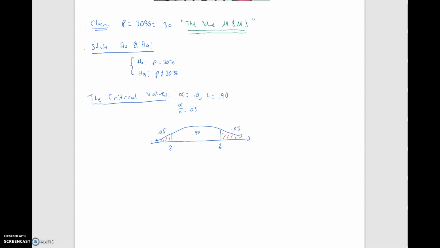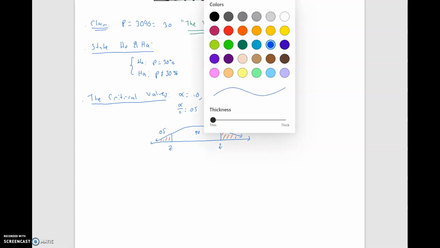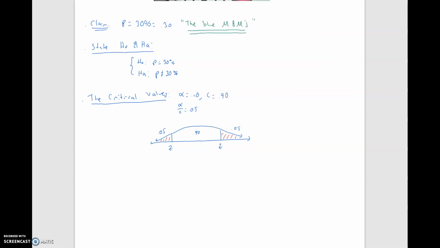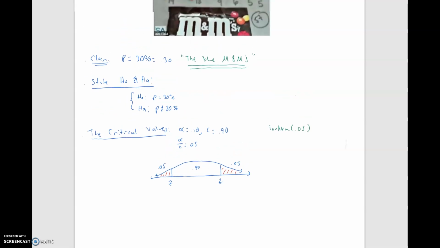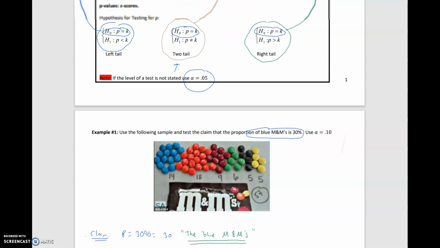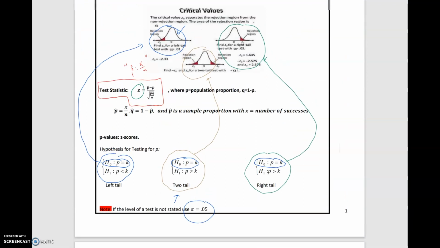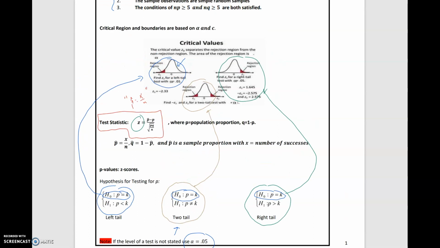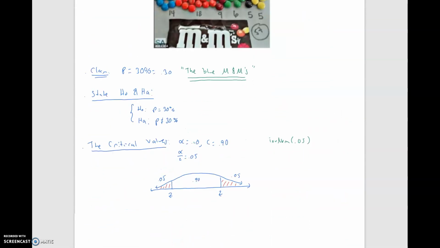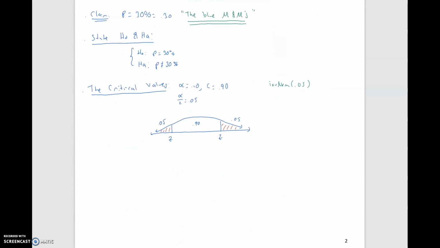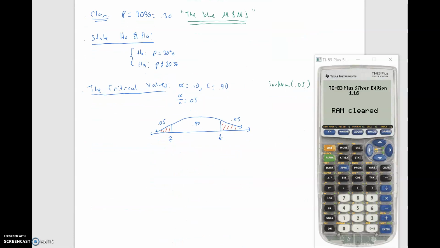In order to get the calculator value, it's going to be the inverse norm of 0.05. Remember that all of these are going to actually be z-scores for proportions. In this case, this is going to be a z-score. That's the test statistic, but it ends up being the same idea. So please evaluate that in your calculator. Let me display the calculator.